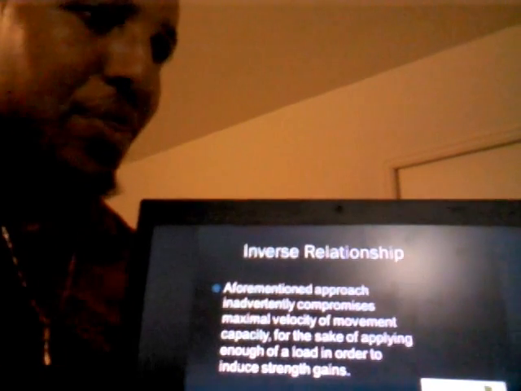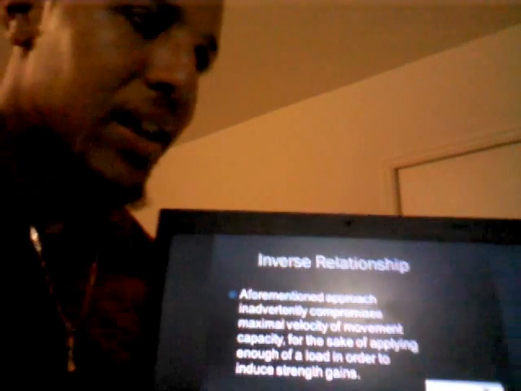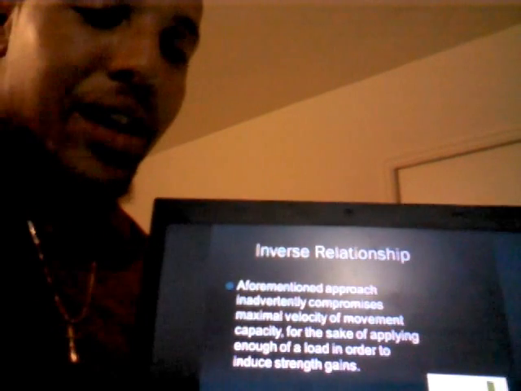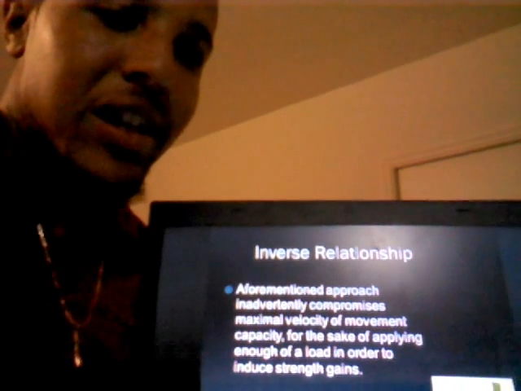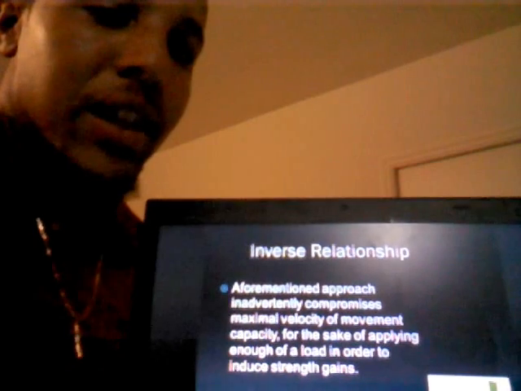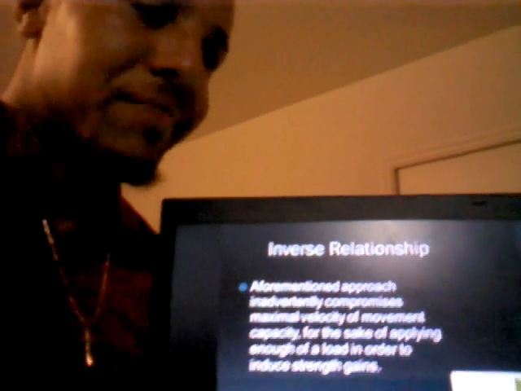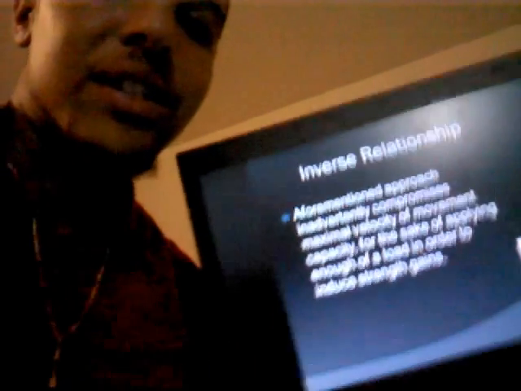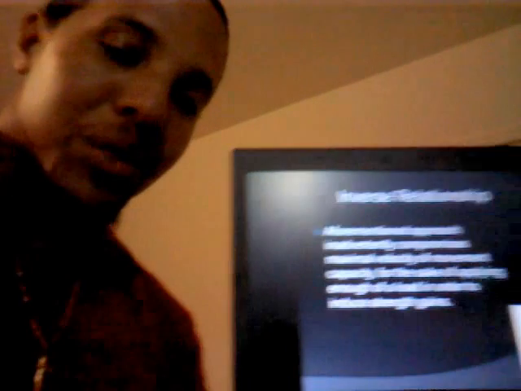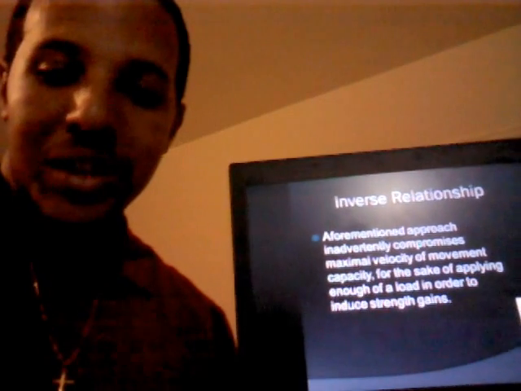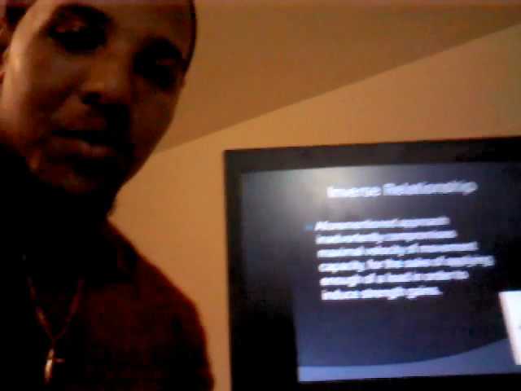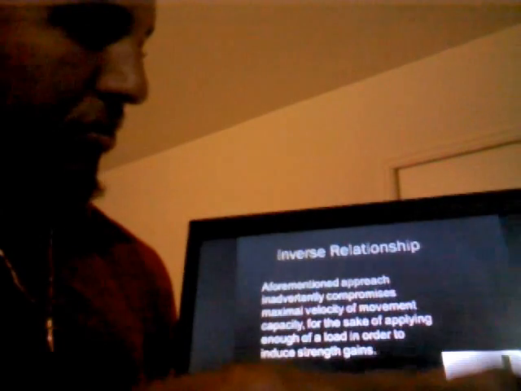The other thing that's interesting about that formula is that the two variables, force and velocity, are actually inversely related to one another. So in other words, as force increases, velocity will tend to decrease, or as velocity increases, you tend to compromise some of your force.